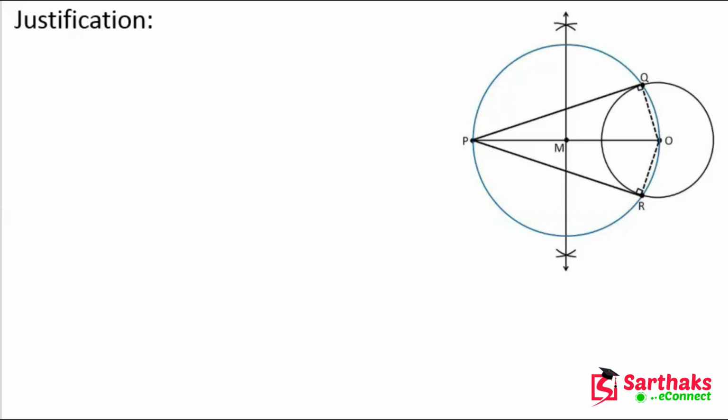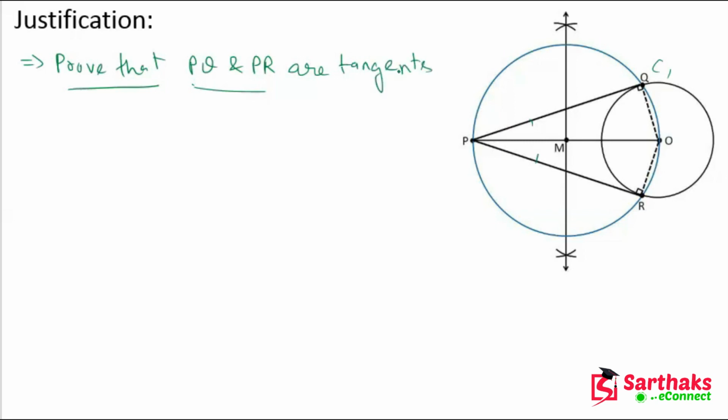The construction of this given problem can be justified as we have to prove that PQ and PR are the tangents to the circle of radius 6 centimeter with center O. Means we have to prove that PQ and PR are tangent on circle C1 or not.